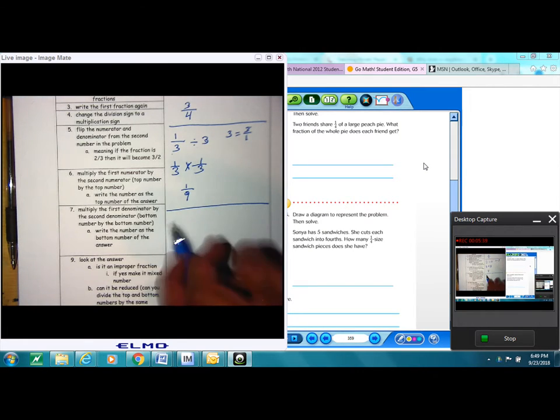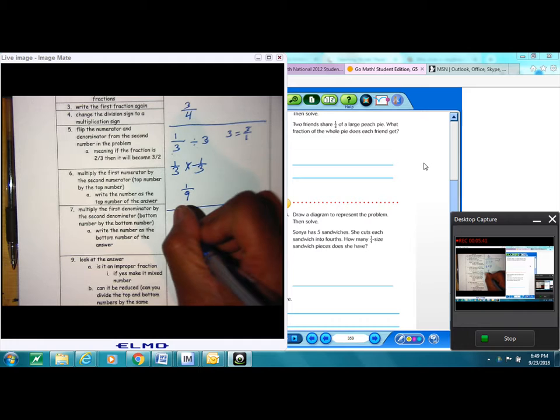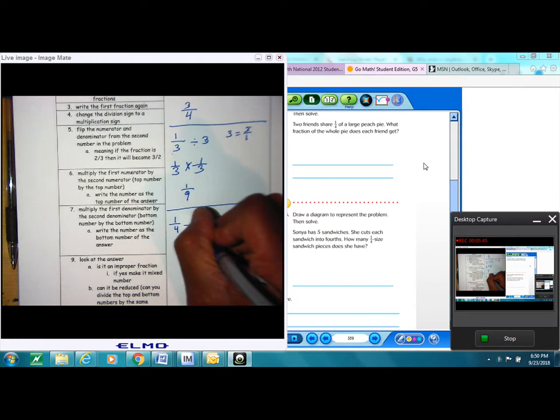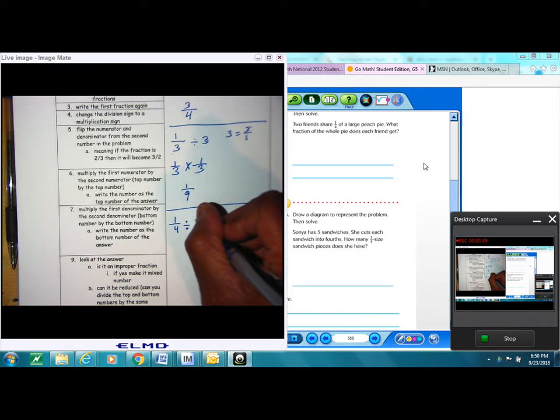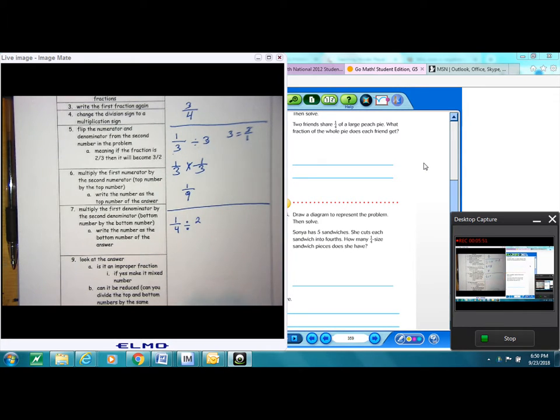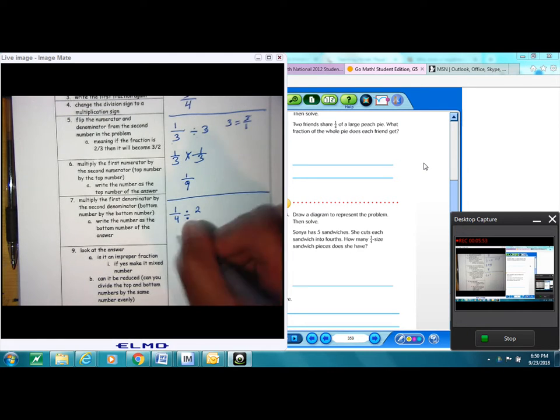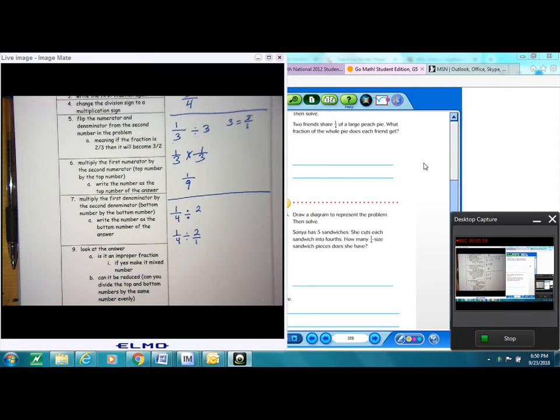So let's do now 1/4 divided by 2. Don't forget that 1/4 divided by 2 is the same as 1/4 divided by 2 over 1.